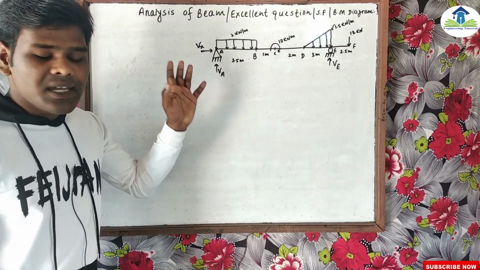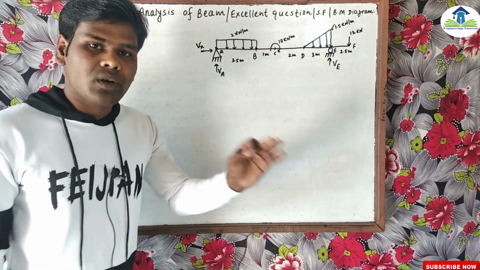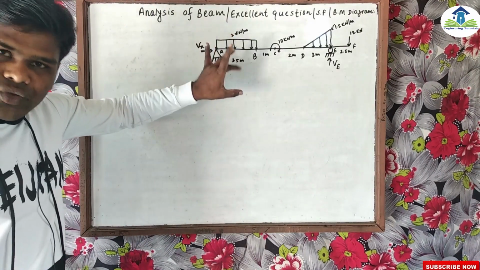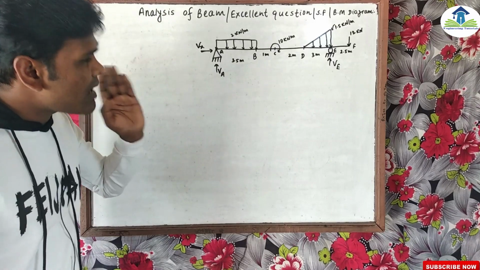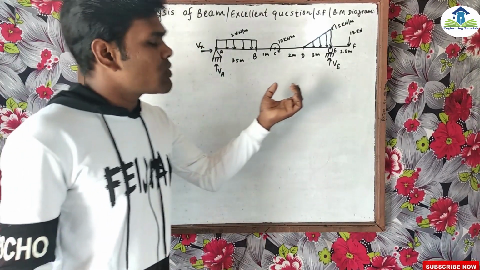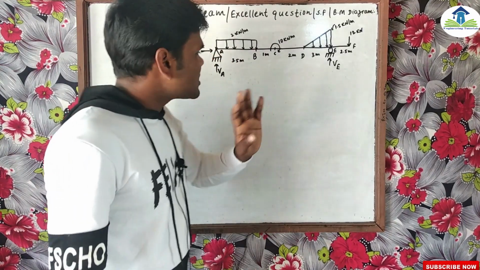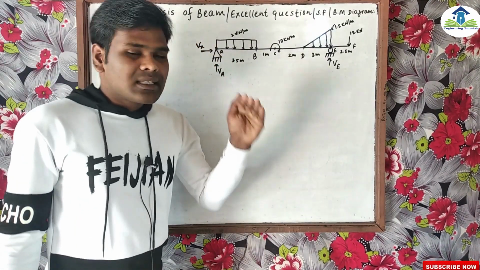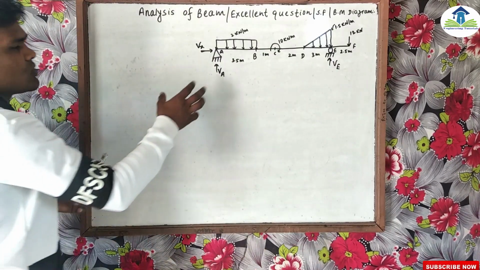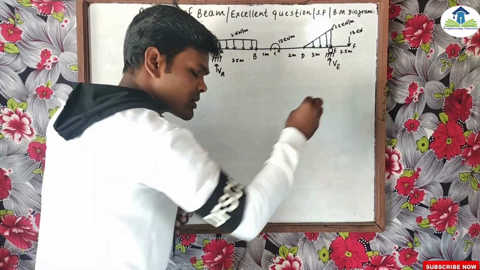If it is an indeterminate structure, please don't solve such a question. This is determinate, so we can solve it. Now analyze where the UVL, UDL and point load are given and where the bending moment is given.